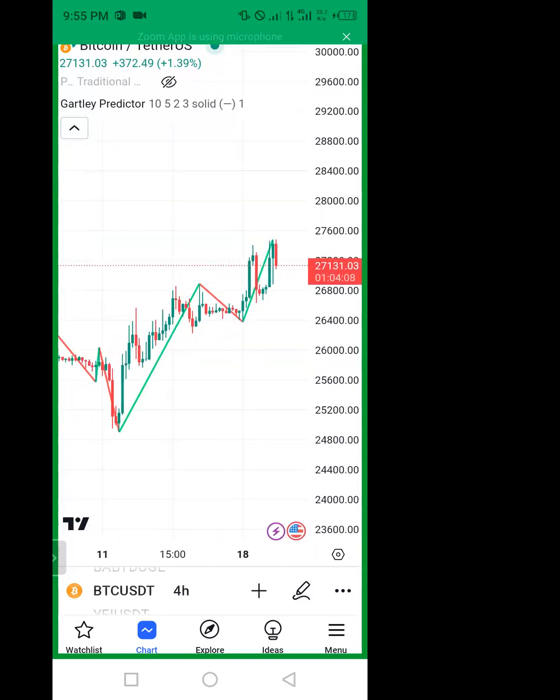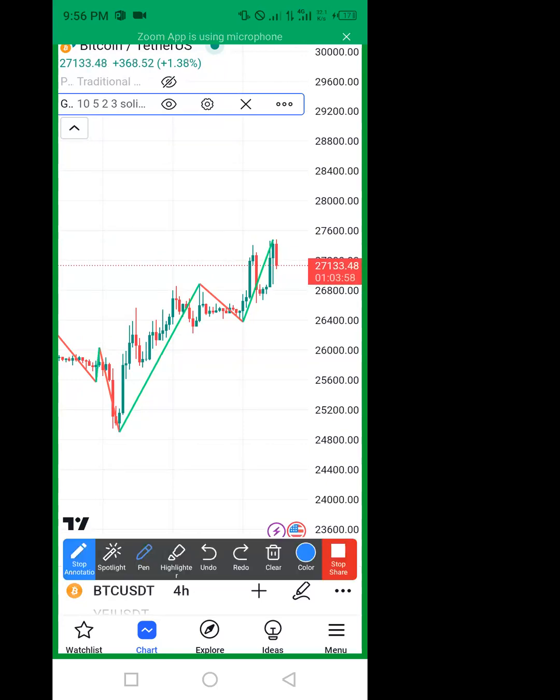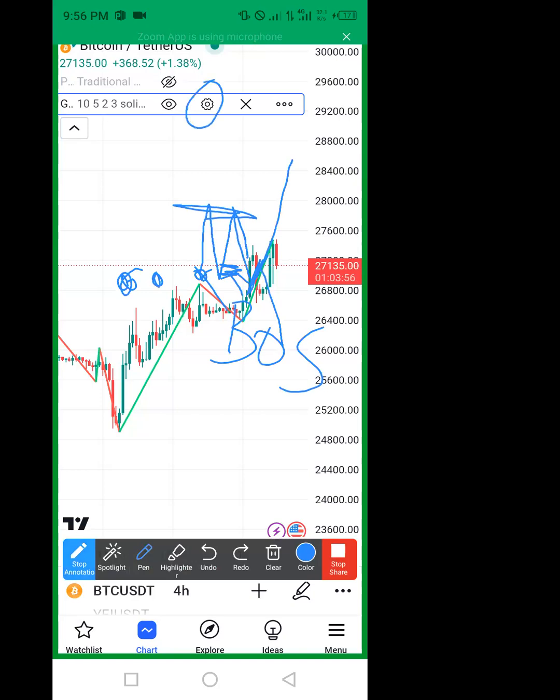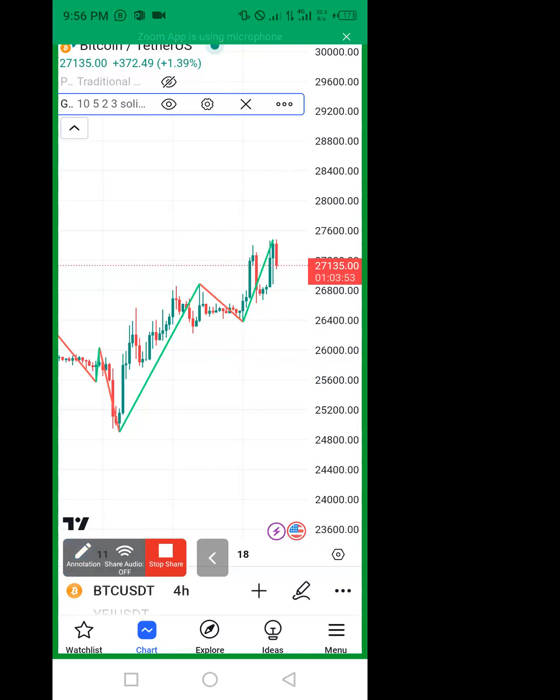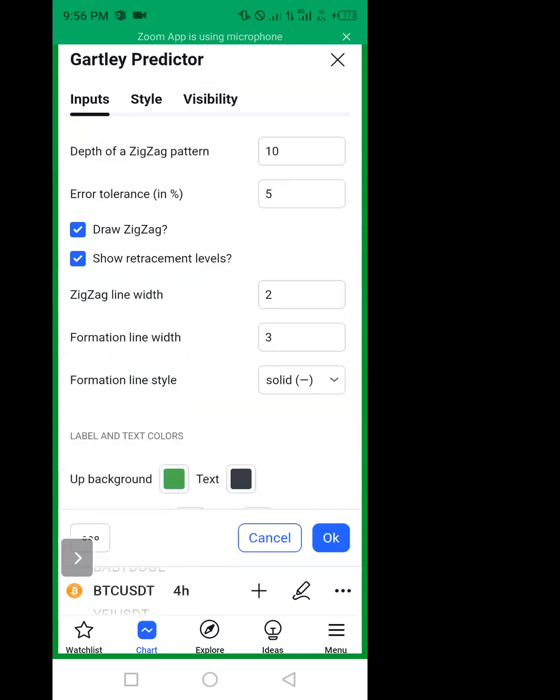Now, let's look at the GARTLEY predictor. We want to see the settings. Go click on it, and then go to this thing here, where the settings are. Click on it. When you click on it, it is going to bring 3 things: the input, the style, and then the visibility.